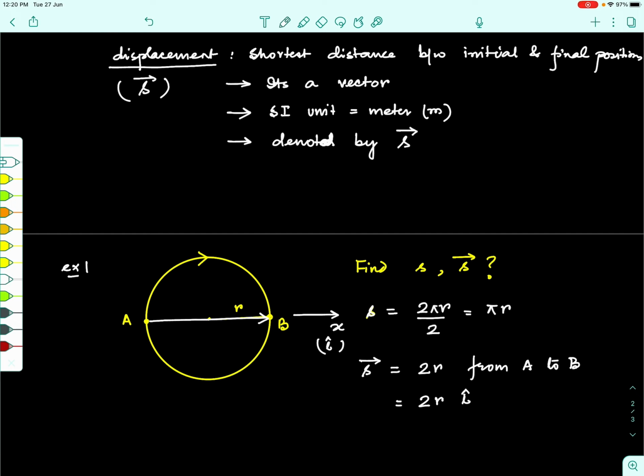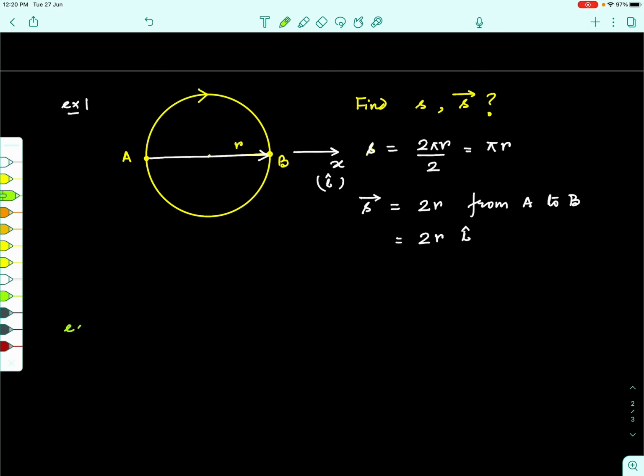Another example that we can take here could be a particle that initially is at point A. It travels a certain distance, let's say it travels a distance of 4 meters towards right to reach a point B, and from the point B it takes a left turn.